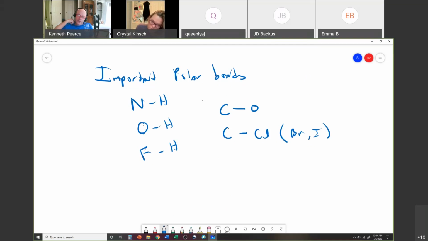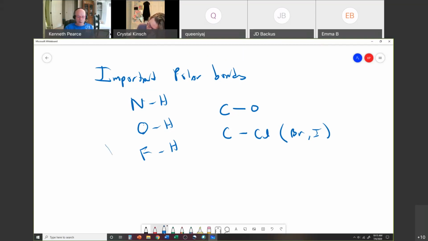Those are generally going to be your important polar bonds. They're important because when they show up in molecules, they tend to be very polar and they cause interesting things to happen, which comes with the charge separation and all that. So if we're going to have important polar bonds, these would be it right here.